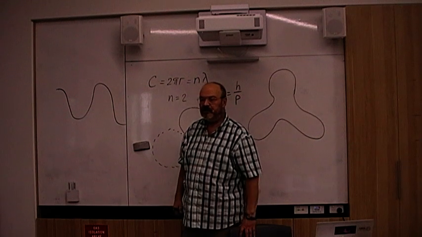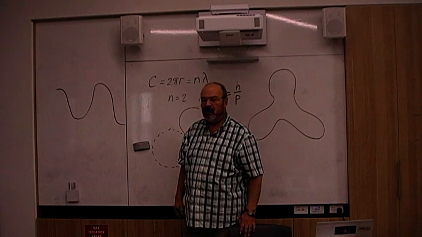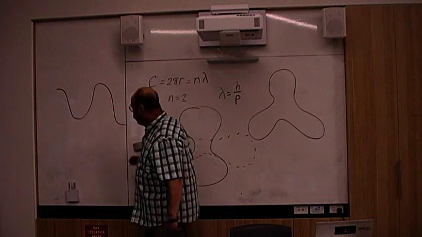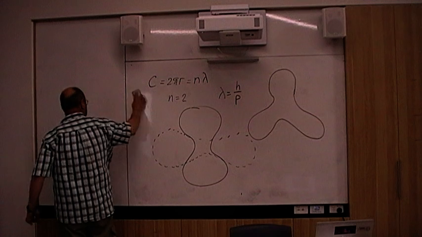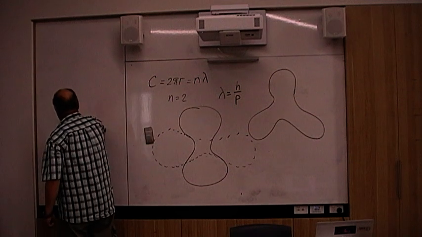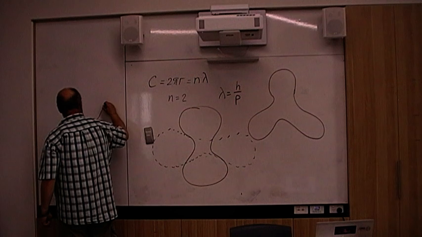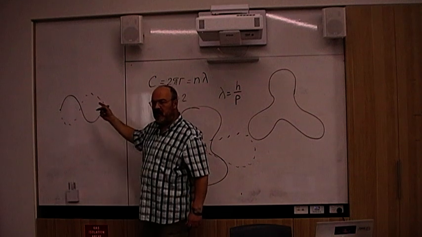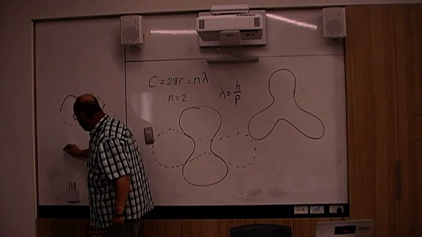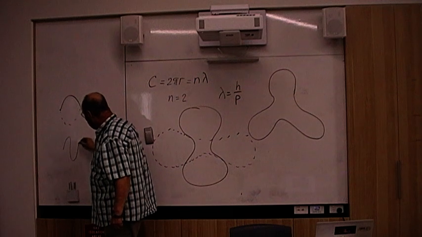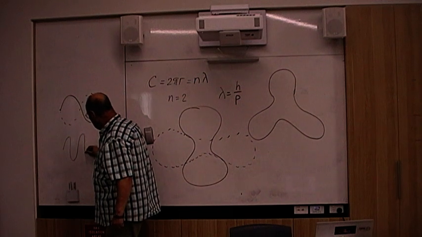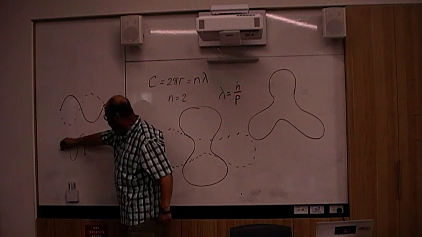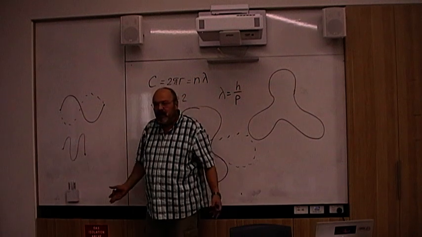When you say standing wave, is that just the circumference? Remember what a standing wave is. With a string, if it's fixed at both ends, the standing wave will exist such a way. But if you make it in a way that the other end of the string will be somewhere here, then it will not exist.